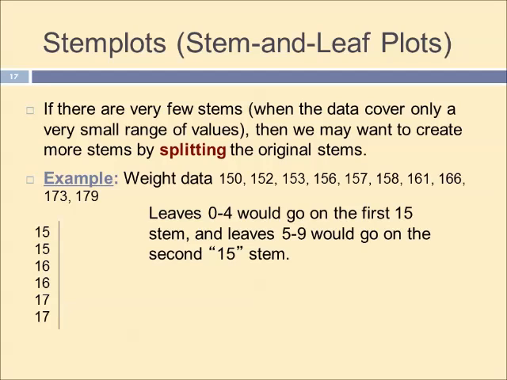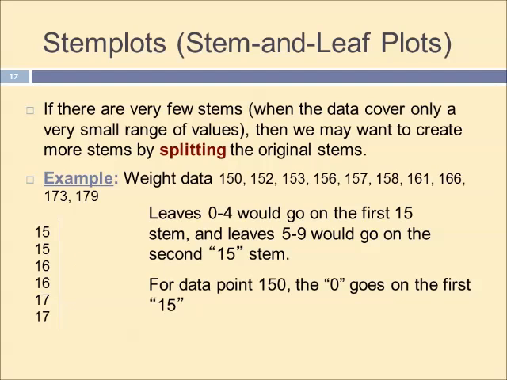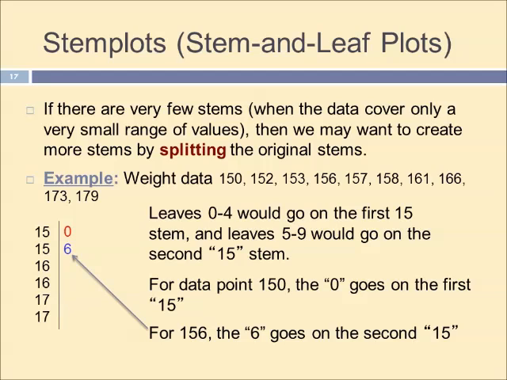Now the leaves 0 through 4 go in the first 15 stem, and the leaves 5 through 9 go on the second one. So for example, the data point 150, the 0 goes on the first 15, like so. And for 156, because 6 is between 5 and 9, the 6 goes on the second 15. And then we can fill out the rest of the numbers.